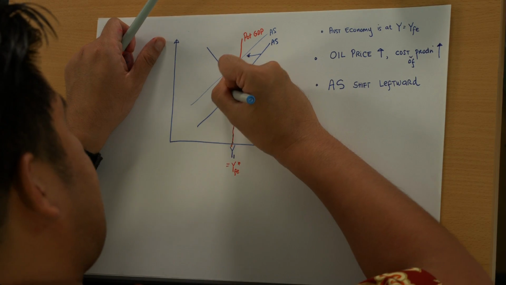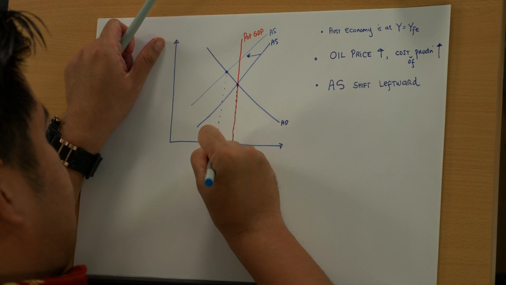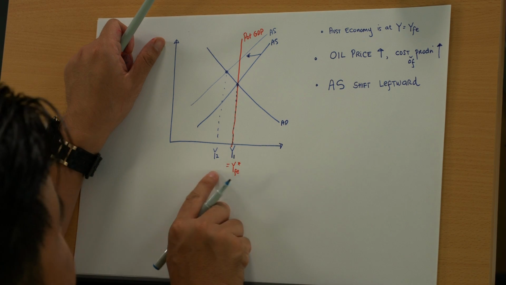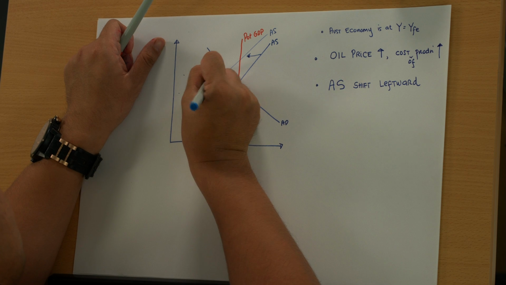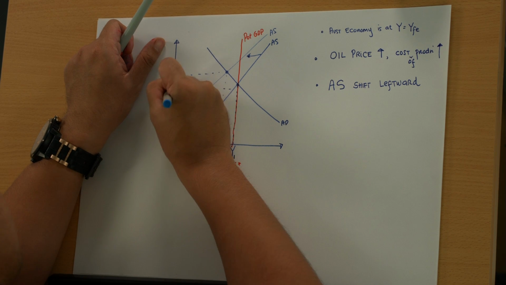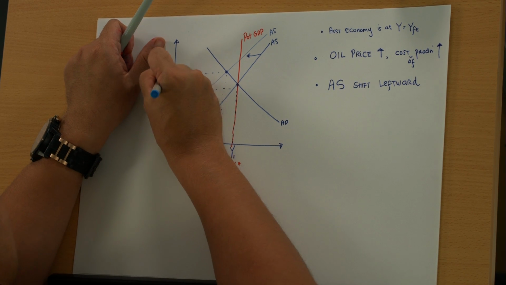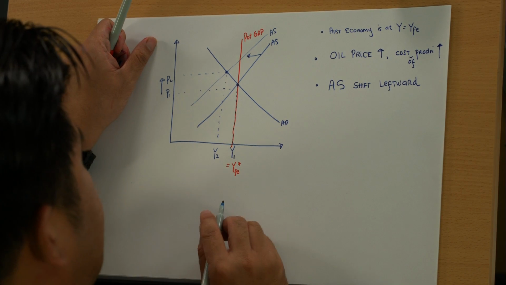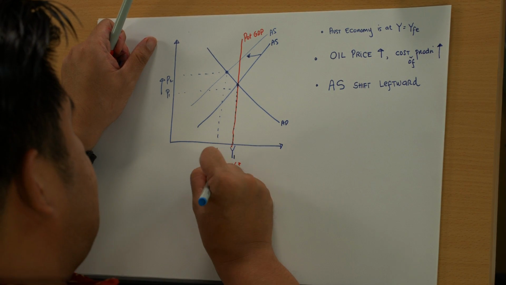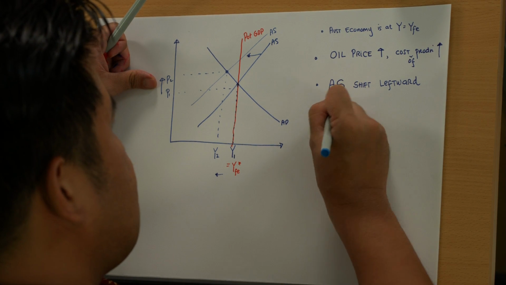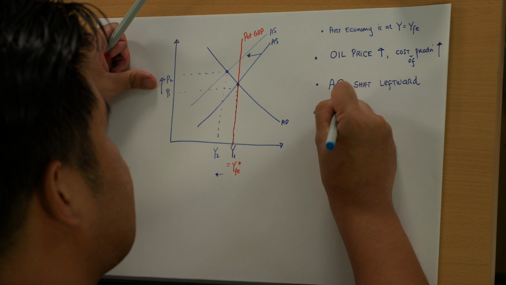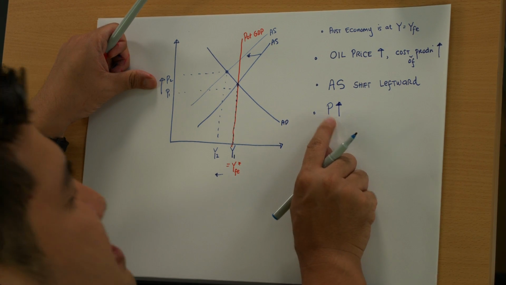So what is happening here? Y goes down, but price goes up. Price increase. What do we call this, guys?